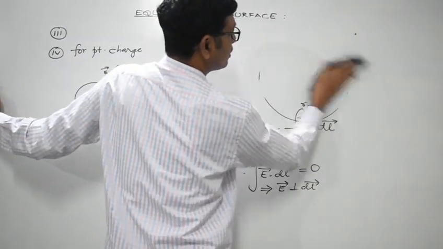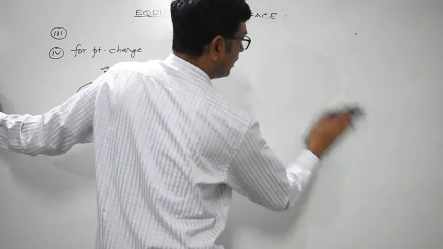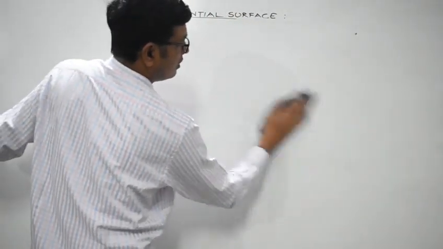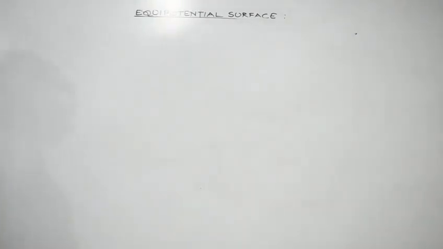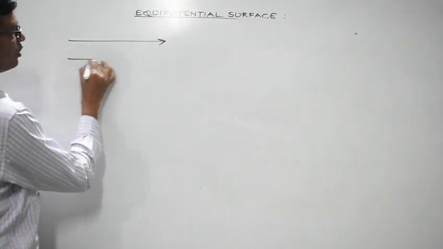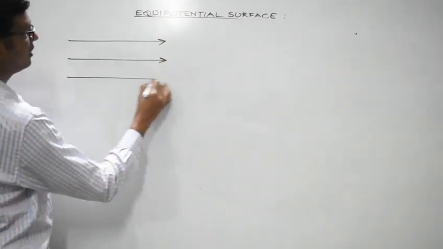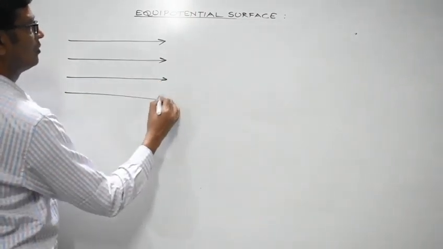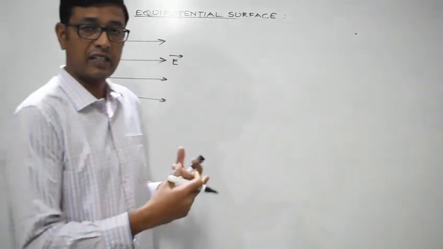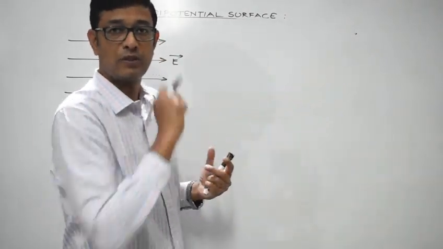What I've stated is, for a uniform electric field, the nature of the equipotential surface is planar. As you are aware, a uniform electric field is represented by a set of equidistant parallel lines like this. So, for an equipotential surface, the electric field line should be perpendicular to that particular surface.